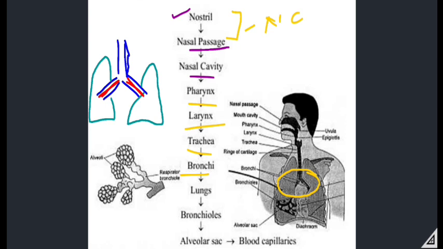So this is your bronchi, this red structure. It means you can also say that when your trachea divides into two subdivisions to enter both the lungs, it is called your bronchi.